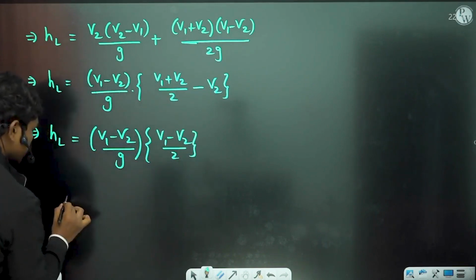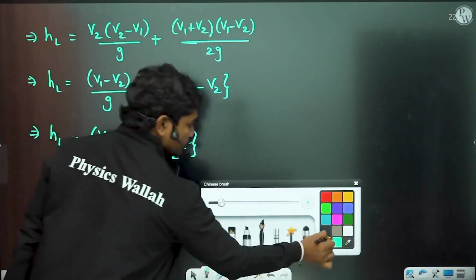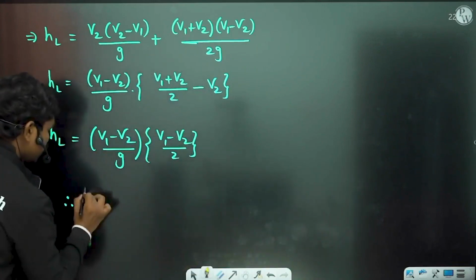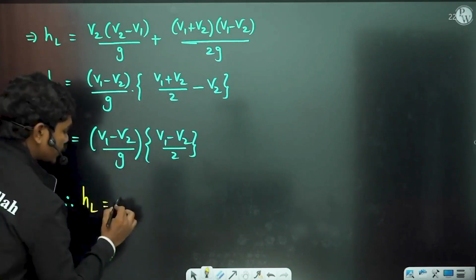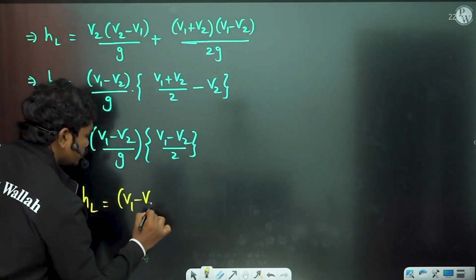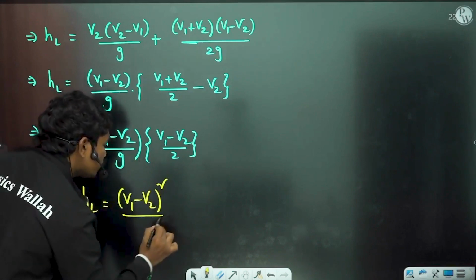Therefore head loss due to sudden expansion is V1 minus V2 whole square by 2g.